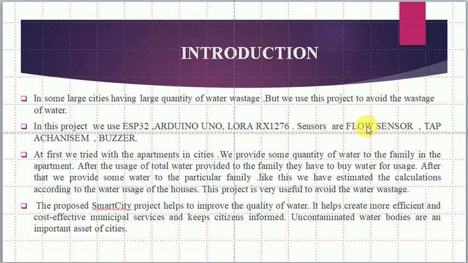For example, in an apartment there are a lot of family members, and we fixed a certain amount of water for each and every family. If a family completes its water usage totally, they have to recharge for the water. With the help of this, we can avoid water wastage.